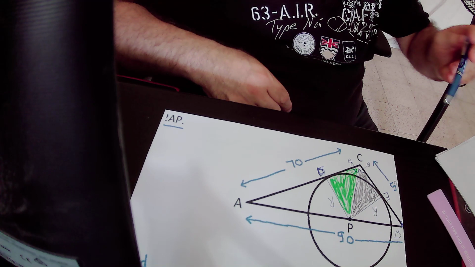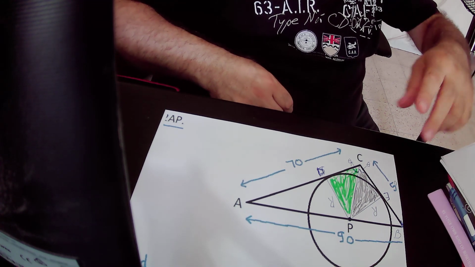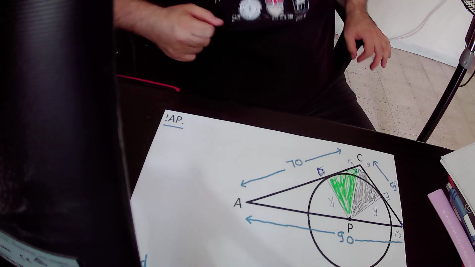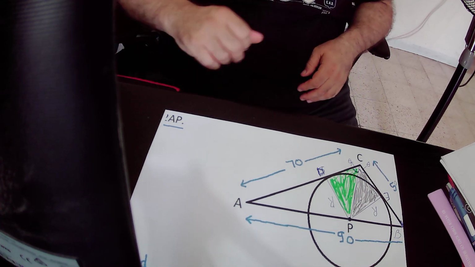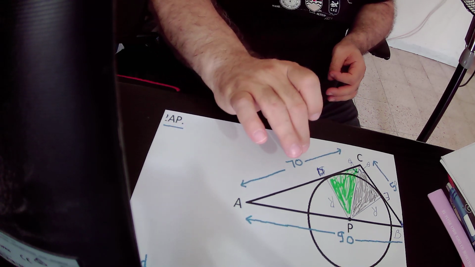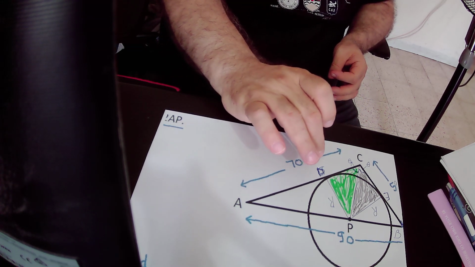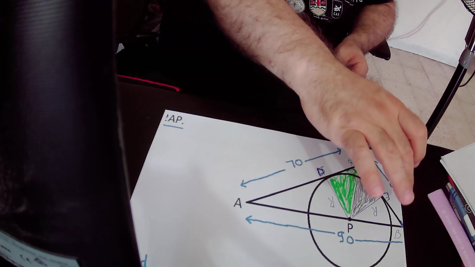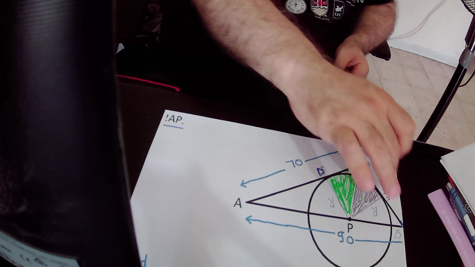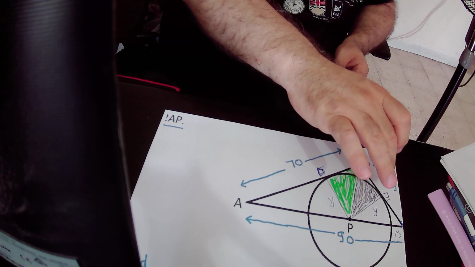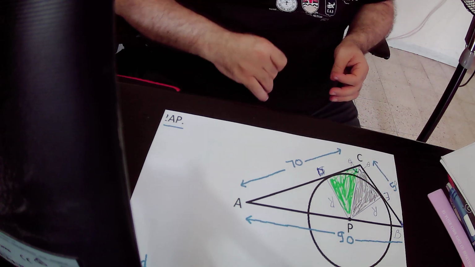And we have also a circle, where side AC of the triangle is tangent to the circle at point D, and side BC of the triangle is tangent to the circle at point E.